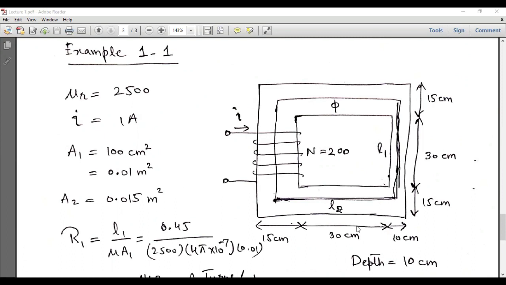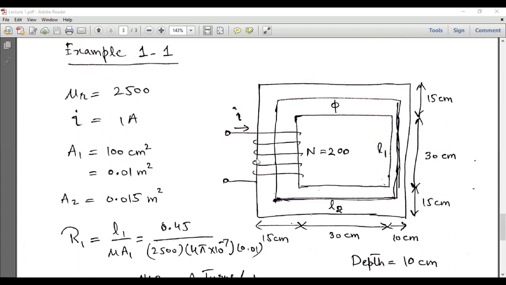So this leg is narrow, and we have to calculate the path length of each leg. The reluctance offered by these three legs will be identical, and the reluctance offered by the right leg will be small. The number of turns is equal to 200, and mu r, the relative permeability, is 2500.